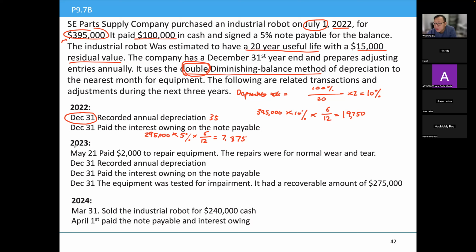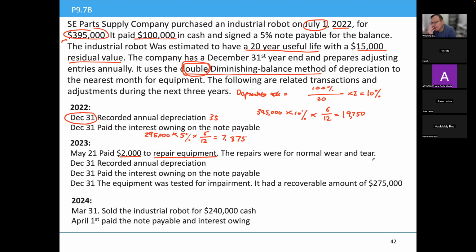Now, for the year 2023, May 21st, the company paid $2,000 to repair the equipment. The repairs were for normal wear and tear. Remember last Thursday, I was explaining the difference between capital expenditures versus operating expenditures.